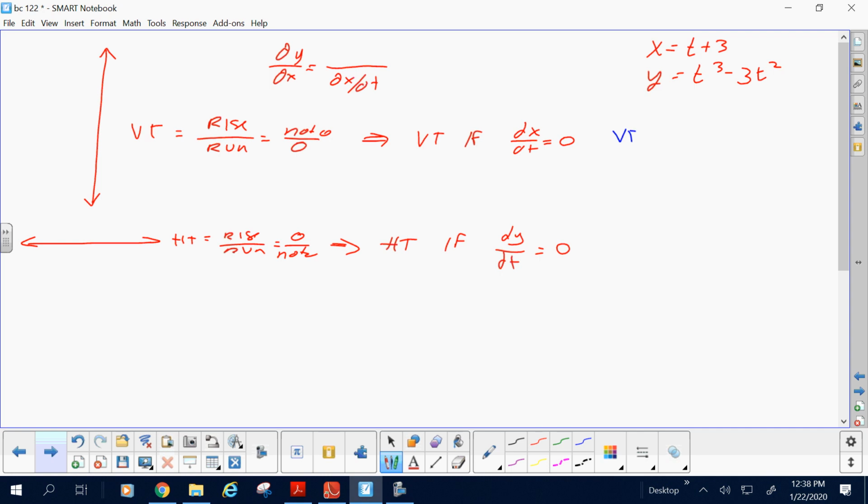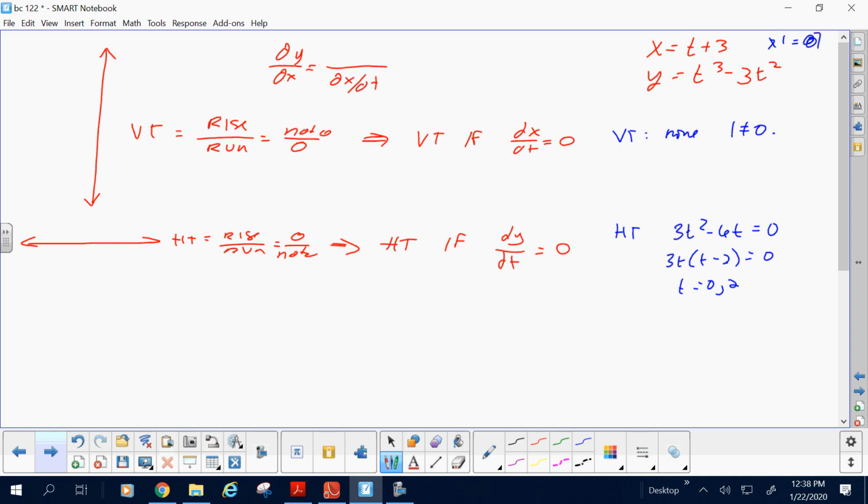So vertical tangent is never, right? None. 1 is never 0, yeah? Horizontal tangents. Horizontal tangent is if 3t squared minus 6t is 0. And therefore there are 2 zeros there, so t is 0 and 2. Yeah. Now the only question is, do they want times or points?